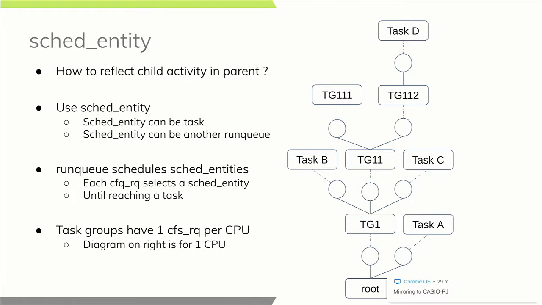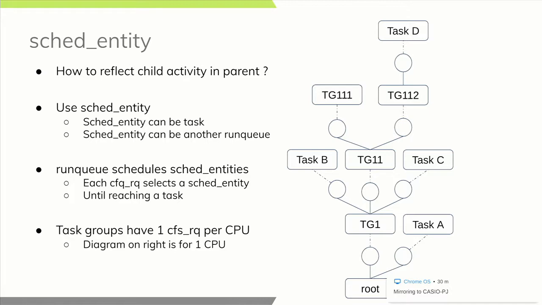So the sched entity. In order to be able to have this cgroup topology, a run queue is scheduling a sched entity. Everything is about sched entity. It's a scheduling entity. And at the parent level, we don't know exactly what a sched entity is. The sched entity can be a task, or that can be another run queue.